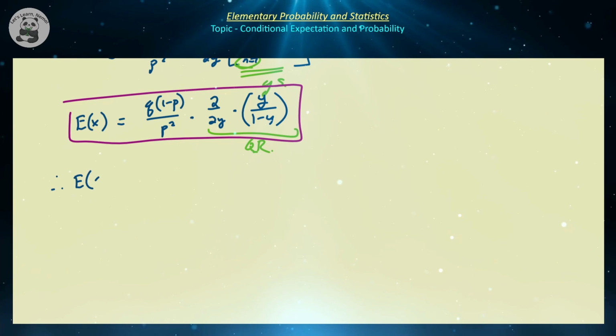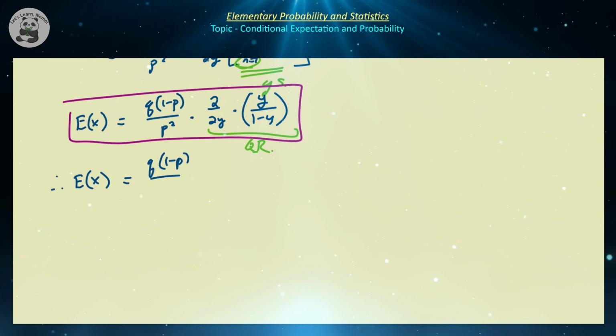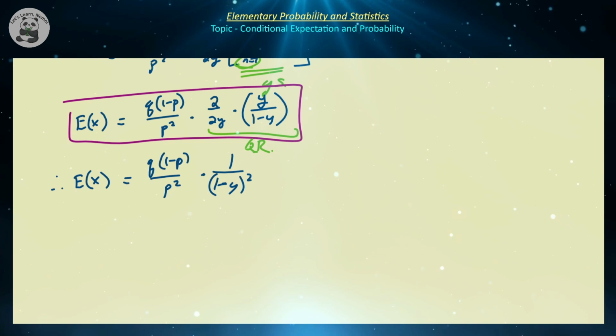So we're going to have the expected value of x is equal to q times (1 minus p) over p squared. Now for this derivative, a lot cancels out. In particular, we're just going to be left with 1 over (1 minus y) squared. And we already know what 1 minus y is equal to. That's just going to be equal to q squared. So since that's equal to q squared, we have that q there and that q there, so a lot of the stuff cancels.